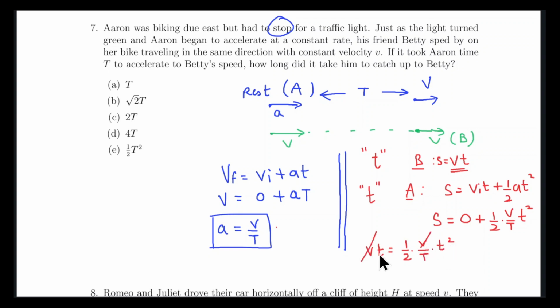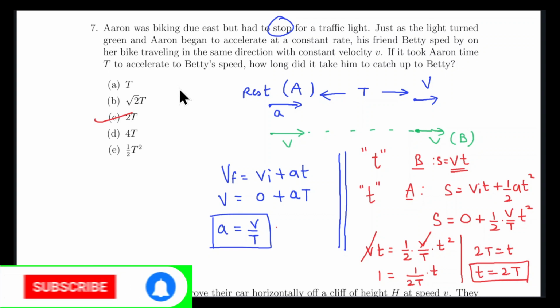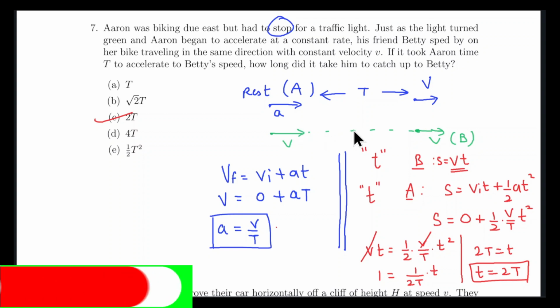V and v is gone, and one of the t is also gone, so 1 will be equal to 1 over 2T times small t, and multiplying both sides by 2T, 2T will be equal to small t, or small t is 2T. So actually in double that time, Aaron will be able to catch up with Betty. I hope this makes sense. It was a little tricky, but that's how it works.